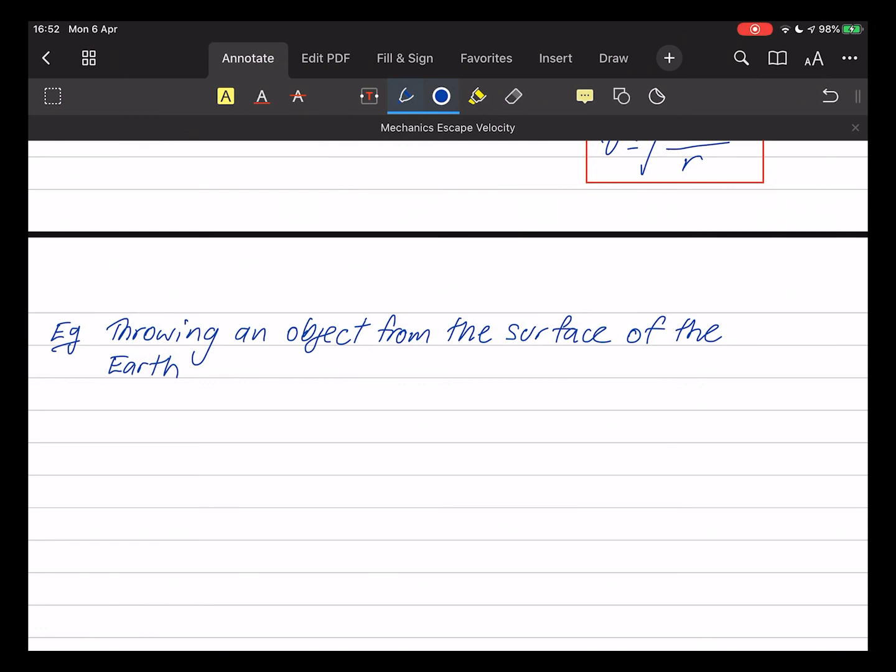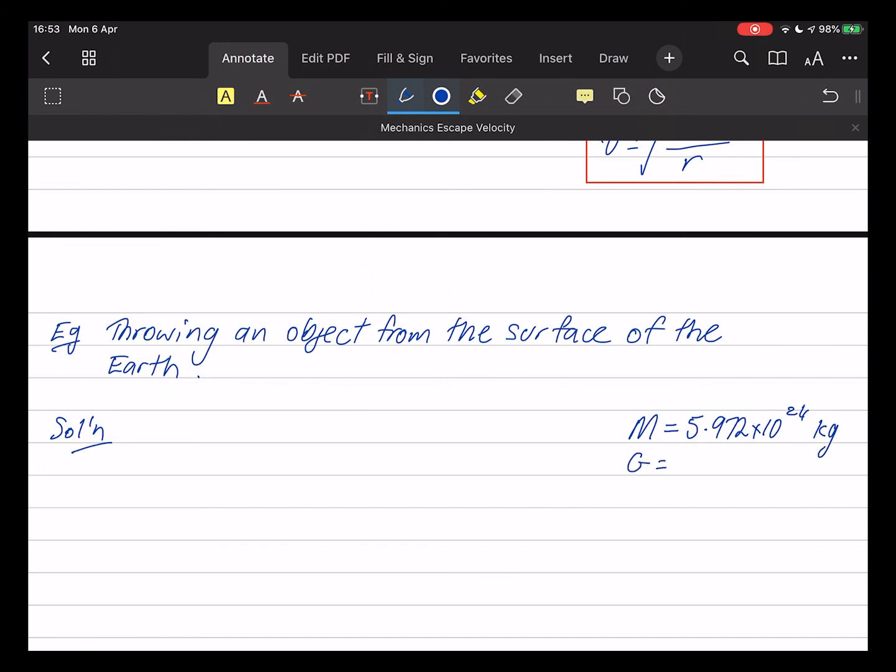If it were possible, I need some constants to be able to do this. M equals the mass of the Earth, 5.972 by 10 to the 24. It's big.